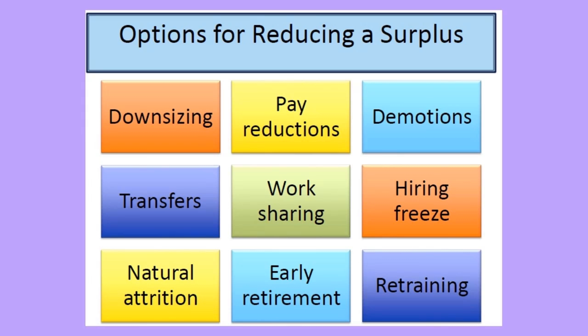Here are some options for reducing a surplus. The organization can do downsizing, pay reductions, demotions, transfers, work sharing, hiring freeze, natural attrition where employees leave the workforce for personal reasons, early retirement, or retraining.